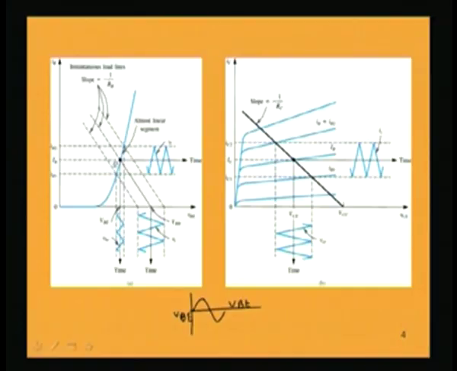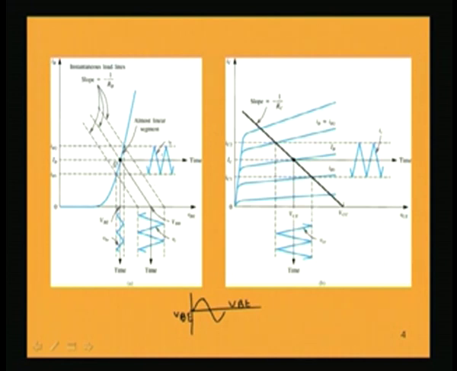The slope of the load line is minus 1 by RB; it is negative because the straight line is decreasing.